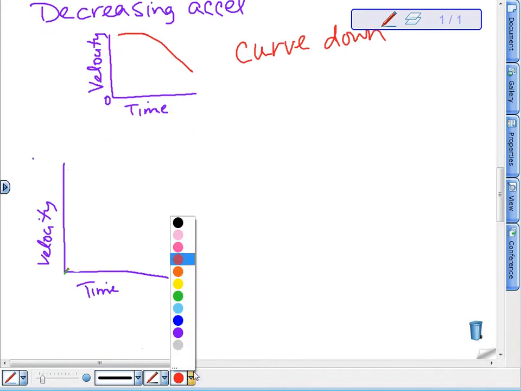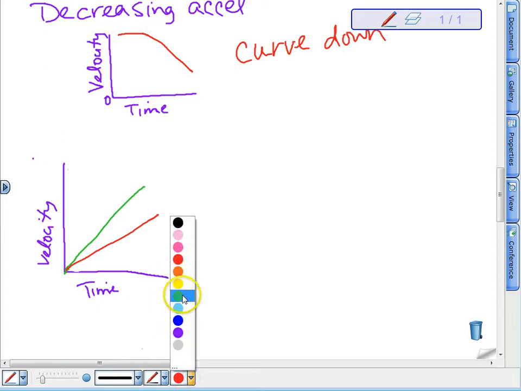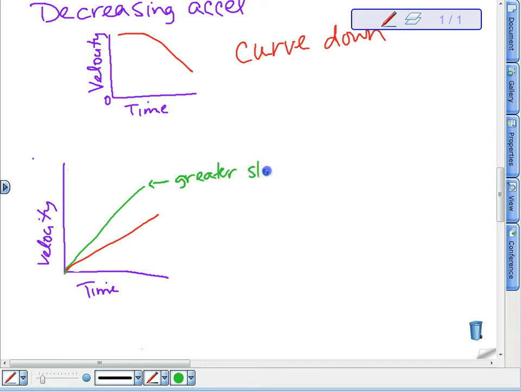Also, similarly to a position time graph, the slope can help you compare two lines. Here I've got two different objects moving with different velocities or different changes in velocity. They have different slopes. This green one has the greater slope, which means that it has greater acceleration.